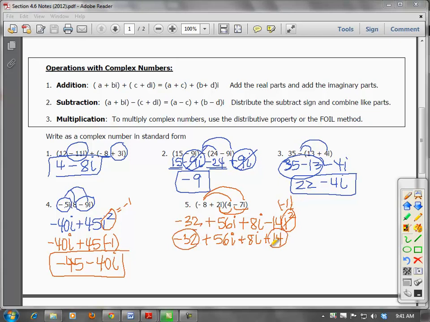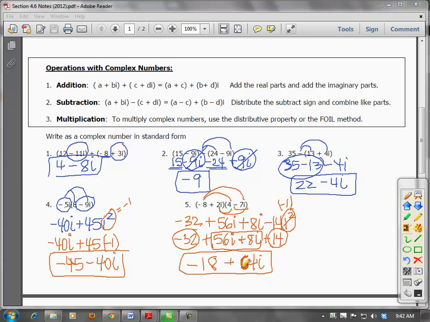Negative 32 and positive 14 makes negative 18. 56i plus 8i is plus 64i. And you're all done. That's supposed to be a 6. Okay? So as you're going through, when they ask you to work with complex numbers, you're just combining like terms as if it were an x.